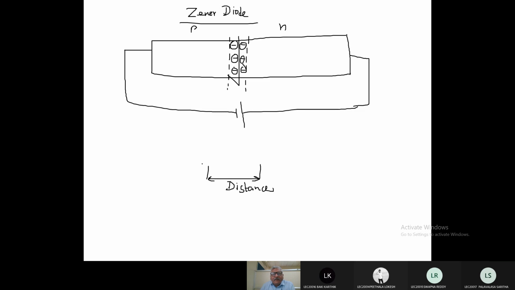And here we have applied some potential, plus 5 volt, and here we have applied 0 volt. So an electric field will be produced here. Electric field is given by volt per meter.